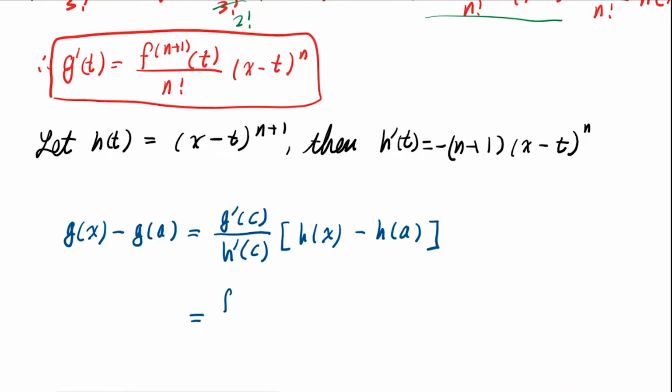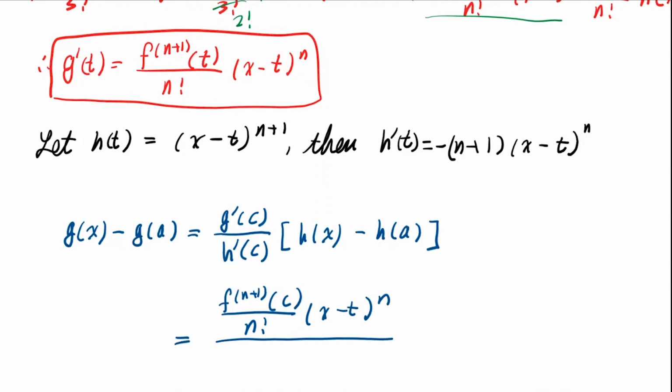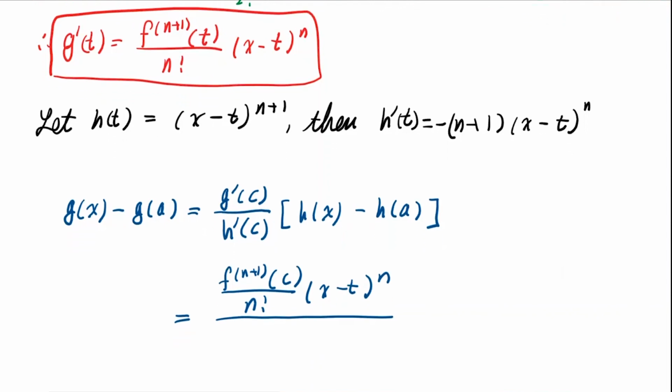So I would have f n plus 1 derivative at some c, and that c happens to be between a and x, over n factorial, x minus t to the nth power, that is g prime. Now I need h prime. H prime is right there, negative n plus 1, and then x minus t to the nth power. Good.